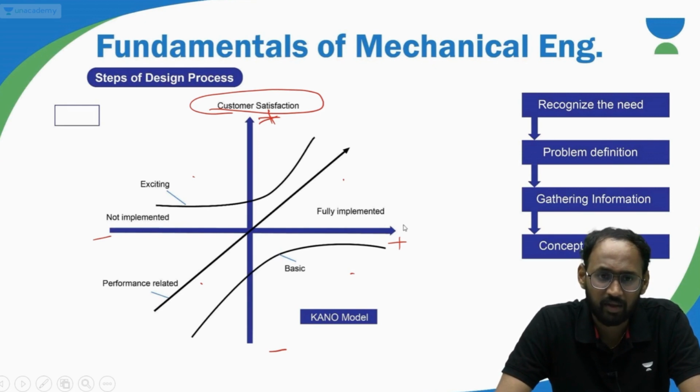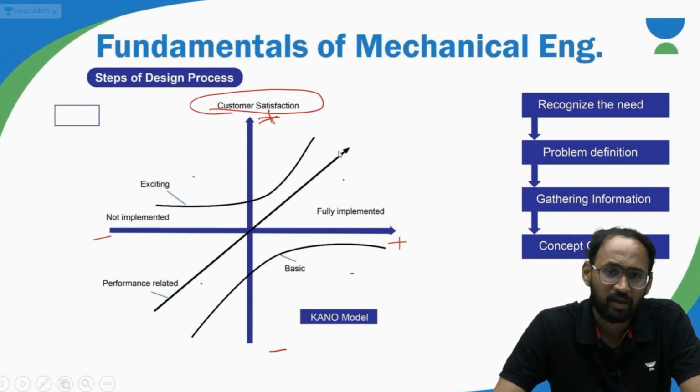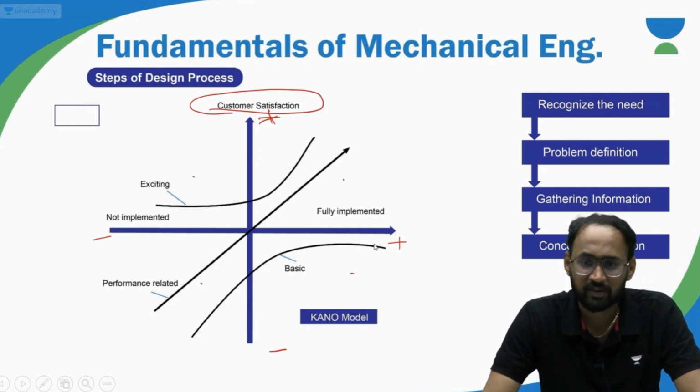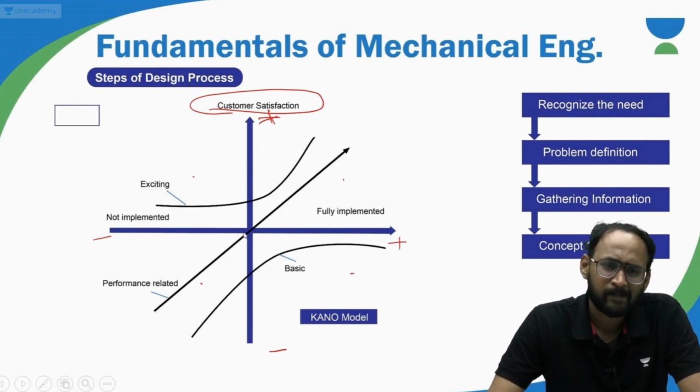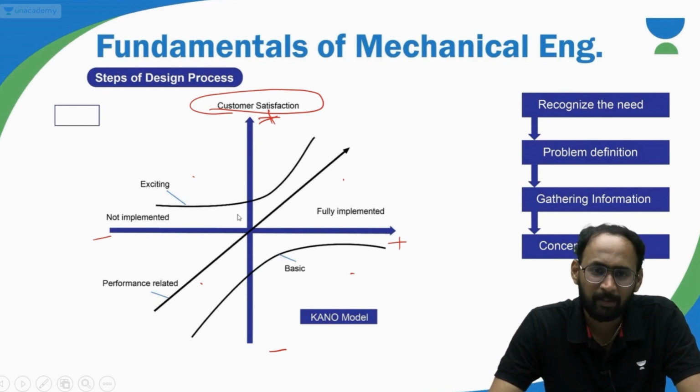So as you move across this performance related curve, you see that it is linearly varying with respect to the customer satisfaction. The customer is neither so happy nor sad. With respect to the product implementation, the customer satisfaction is also pretty okay.